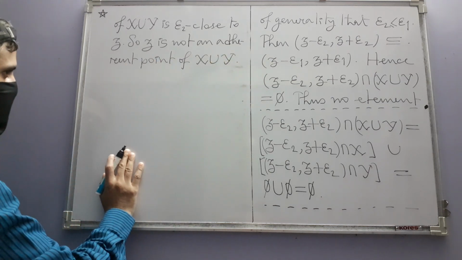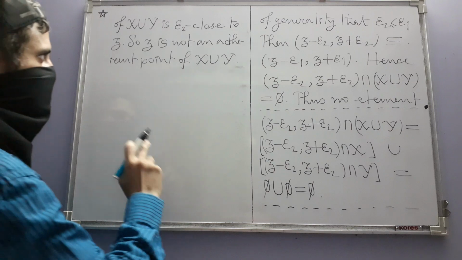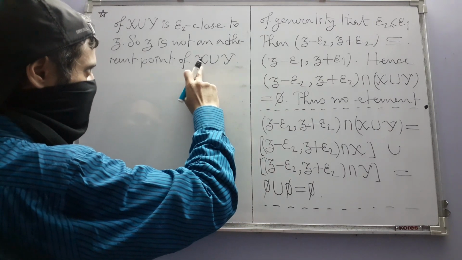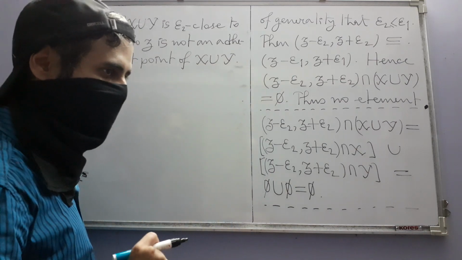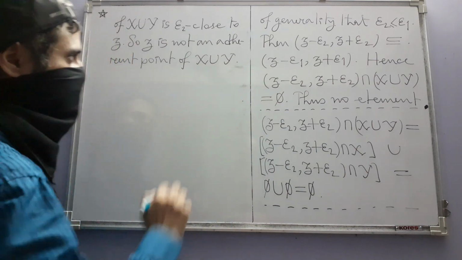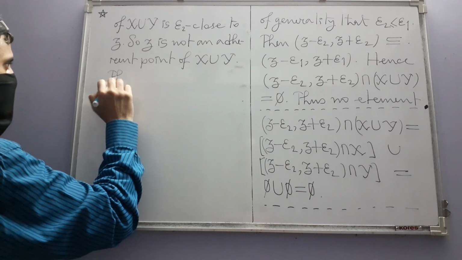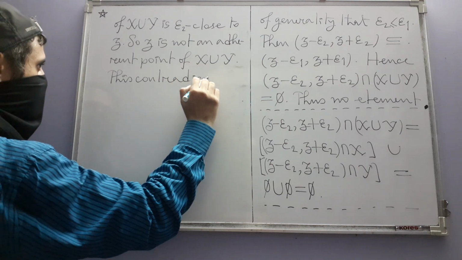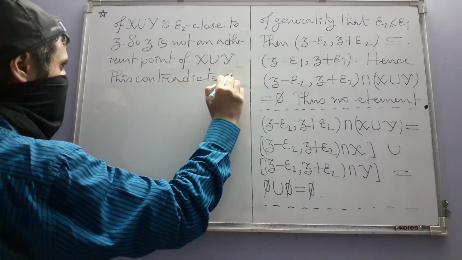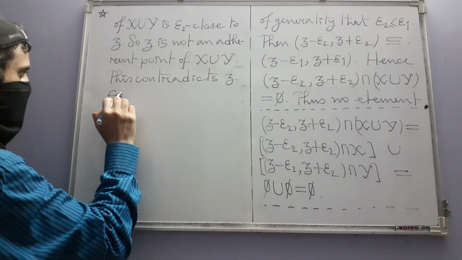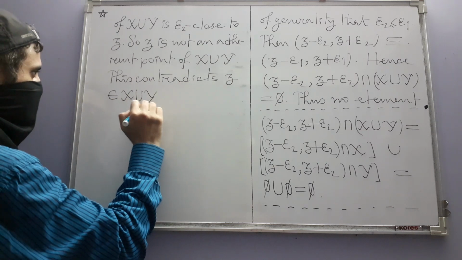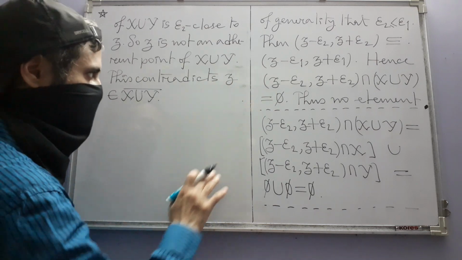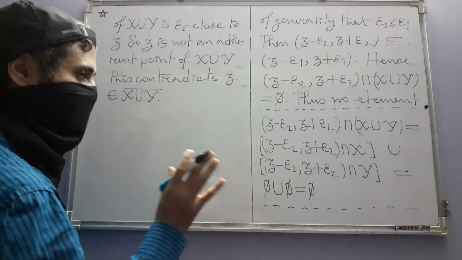But this is a contradiction, because Z has been chosen to be a point in the closure of X union Y. So it has to be an adherent point. So this contradicts our starting point, that Z in fact is coming from the closure of X union Y. So that means our last supposition has been erroneous.